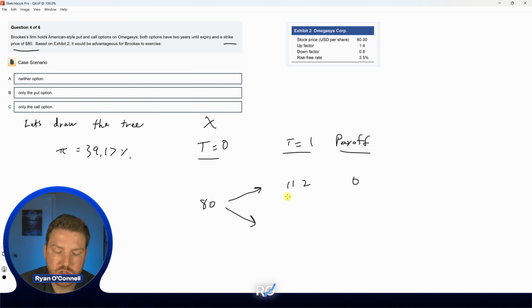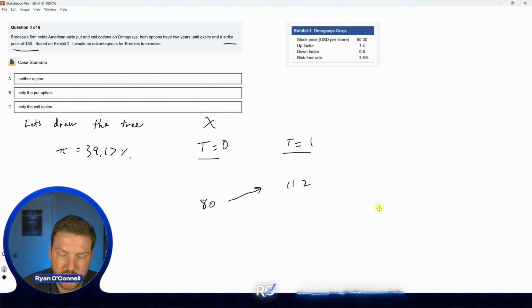Actually, okay, so we can take it 2 steps. I think we take it 2 steps, and then we can just go all the way to where we already did this. The payoff was basically 28.8 or something like that.